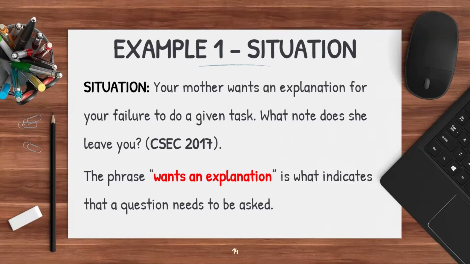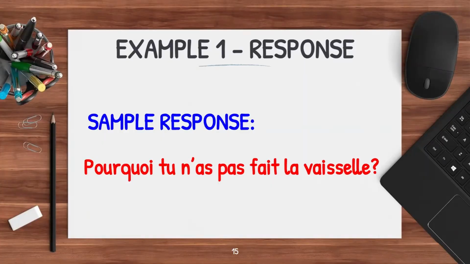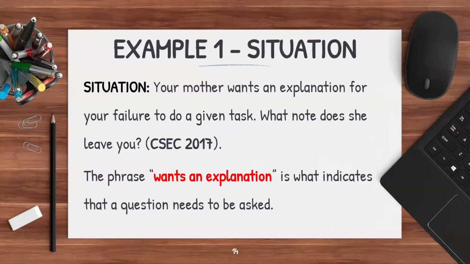Now, let's look at our sample response. Pourquoi tu n'as pas fait la vaisselle? Why didn't you do the dishes? If you take a look back at what the situation was asking us to do, it says your mother wants an explanation for your failure to do a given task.